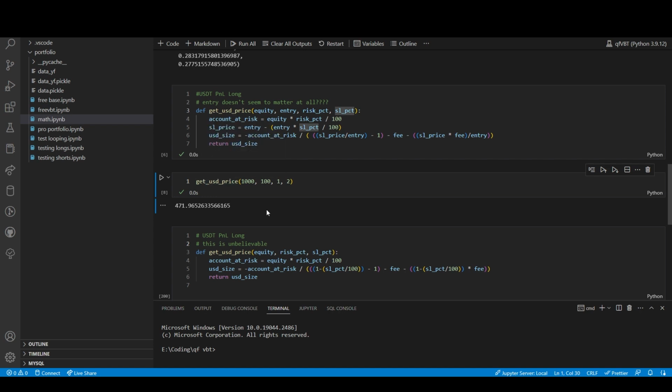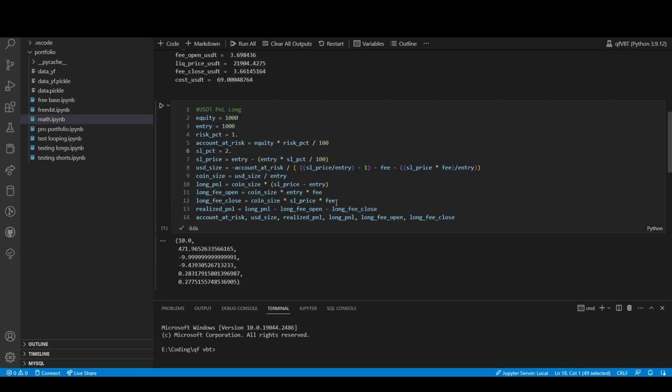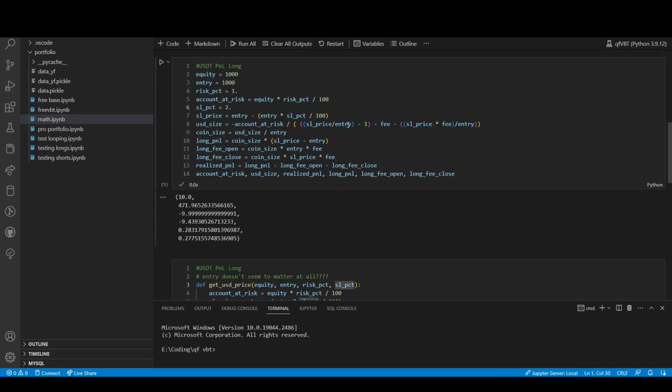And so what happens if we change this? Absolutely nothing. What I realize is that the stop loss price is actually the entry minus entry times stop loss percent divided by 100. And so when you are doing this calculation right here, the entry actually turns to 1, and then this entry gets canceled. And so all you're left with is 1 minus stop loss divided by 100.